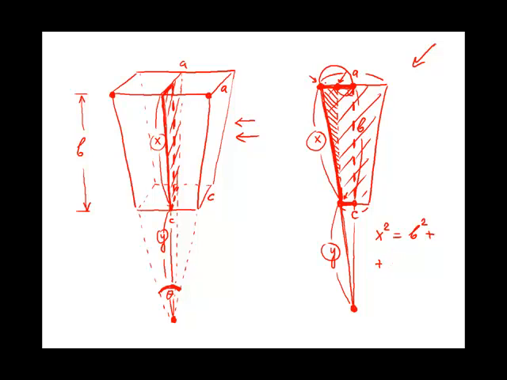The other side is here. It is a over 2 minus c over 2, all squared. Do you guys agree? Yep. Okay, so from this equation, I know x. This will be equation 1.